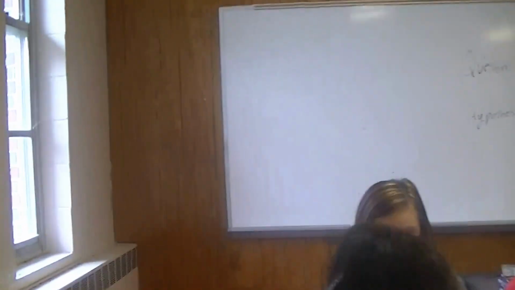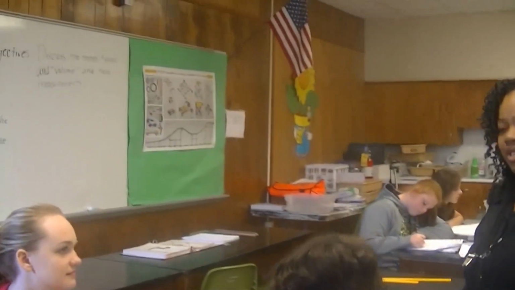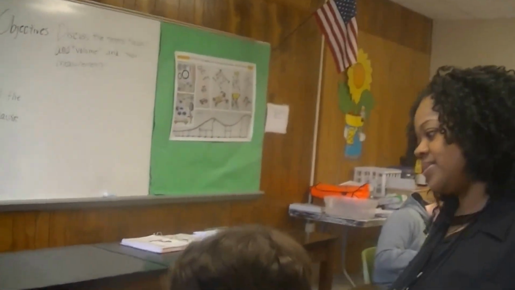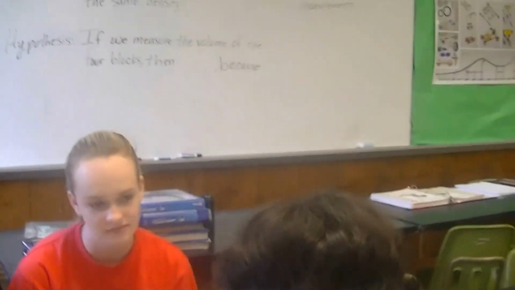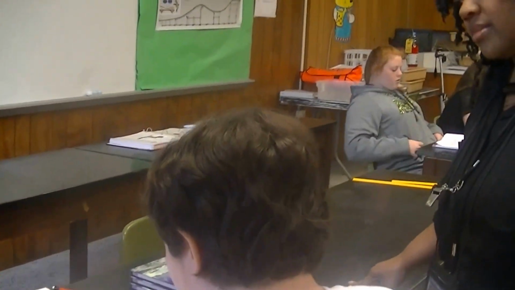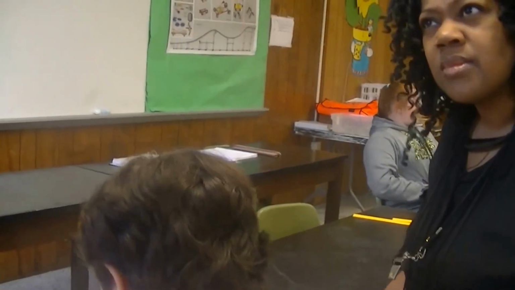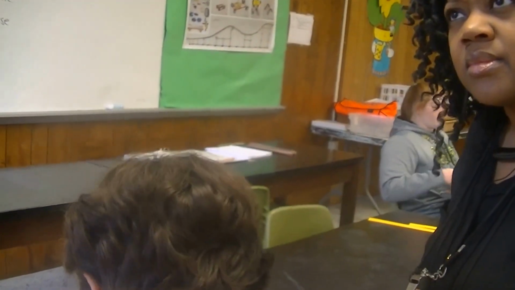Okay, ladies. So we came up with, if we measure the volume of the 4 blocks, tell me your then and because. We said if we measure the volume of the 4 blocks, then the clear block and the aluminum block will have the same density, and the white plastic block and the wax block will have the same density because the masses of the blocks may make the densities between the pairs equal the same.